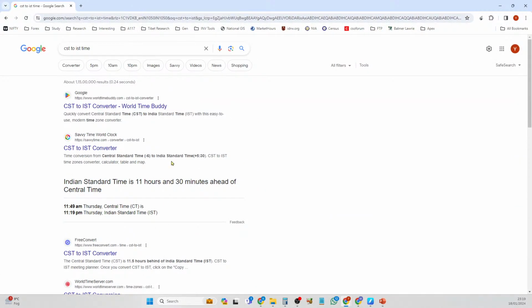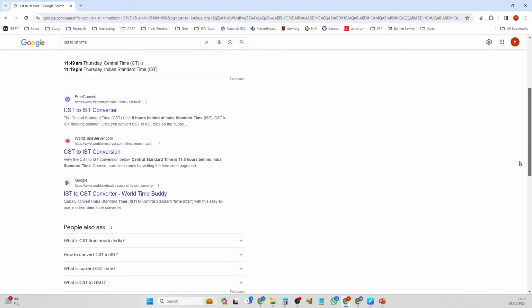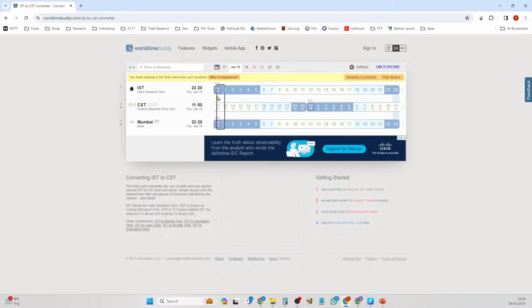There are so many converter tools, but what I prefer is this World Time Buddy website. It is very easy to locate the timings in correlation with each other.